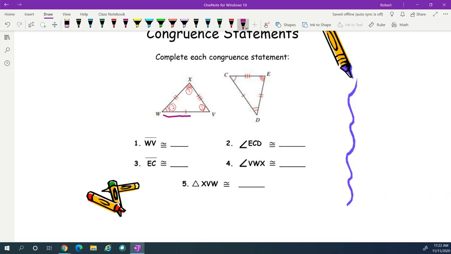WV, they went 2, 1. I have to match that. It's side 1, so I already know it's CD, but I have to put it in the correct order. WV went from 2 to 1. I'm going to do the same thing from 2 to 1. So I have to match it with segment DC. The order has to be correct.